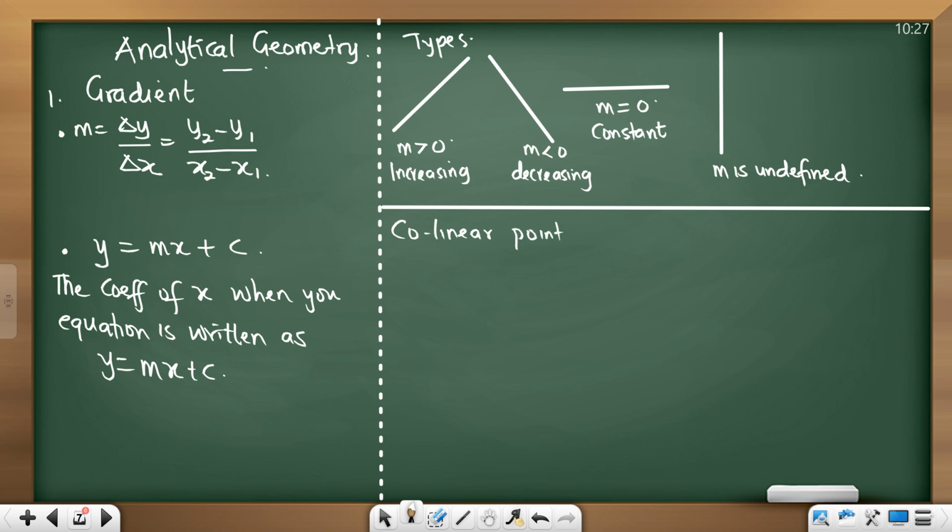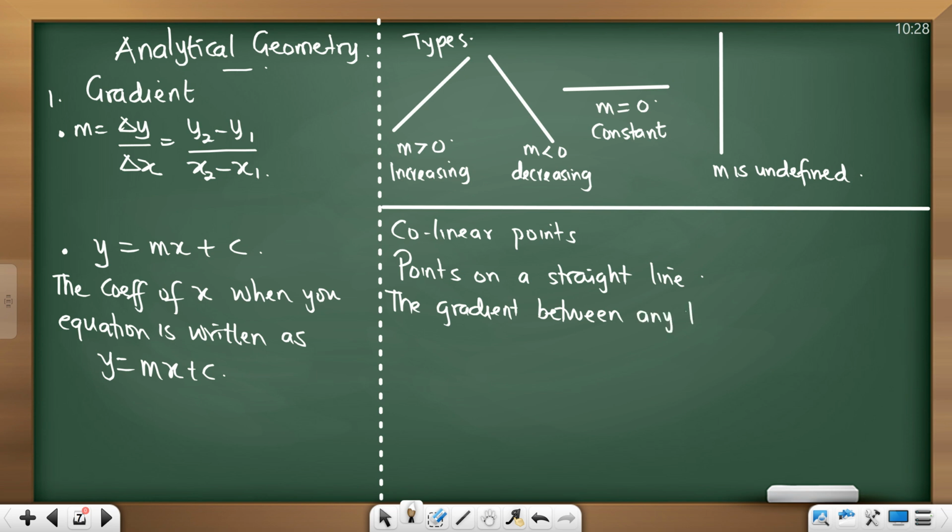Next, collinear points. You know what those collinear points means? Points on a straight line. And what do we know? The gradient between any 2 collinear points is the same.